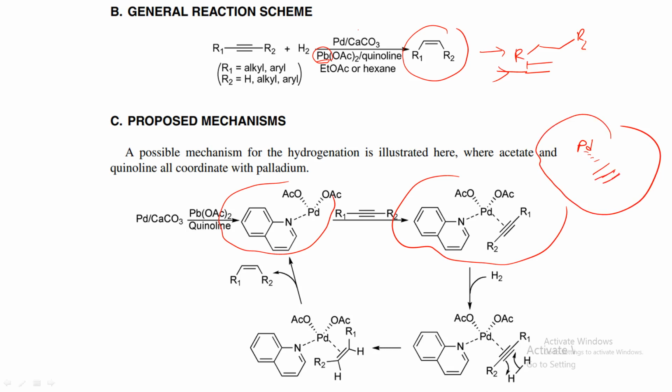So in this way, from behind, the palladium is having the interaction with alkyne, right? So in this way, the back side of this alkyne is blocked, so hydrogen cannot incorporate or react from the back side. Only one side is free.